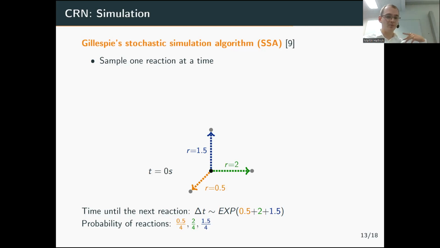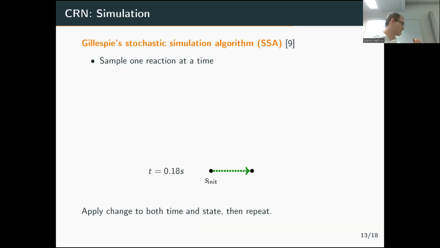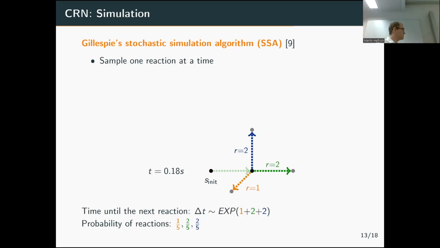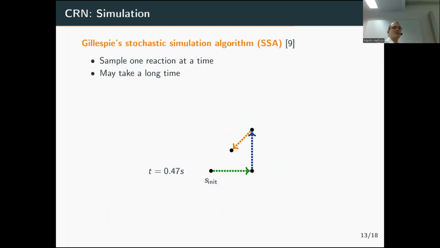And then you go further in time according to the sample and apply the reaction that you sampled, right? And then you continue. You look at the reactions that are possible, choose one and apply, and so on. This is how you would move from configuration to configuration of your system.